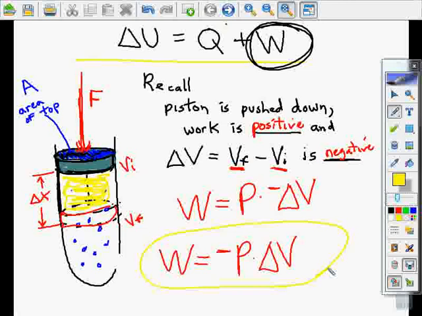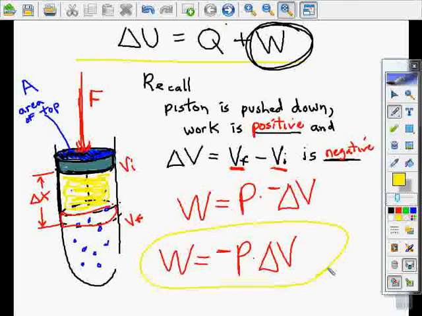Now, this next bit of business is very unfortunate, especially when you're first learning physics. It's nice if everybody does things the same way. But there's actually two popular ways of setting up the sign convention.